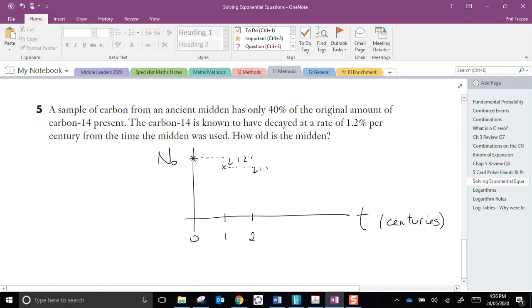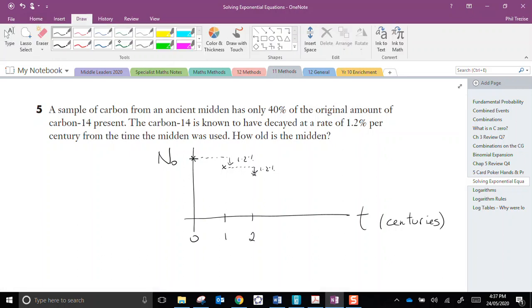How much are we down? We're down by 1.2%. Now please note that this drop here will be greater than this drop here, because although they're both 1.2%, they're 1.2% of different amounts, and this gives me my idea.